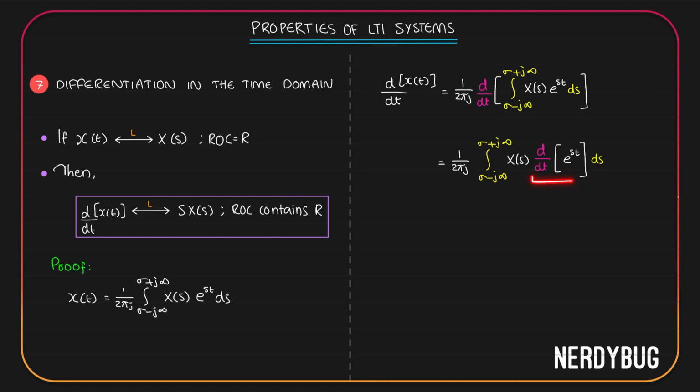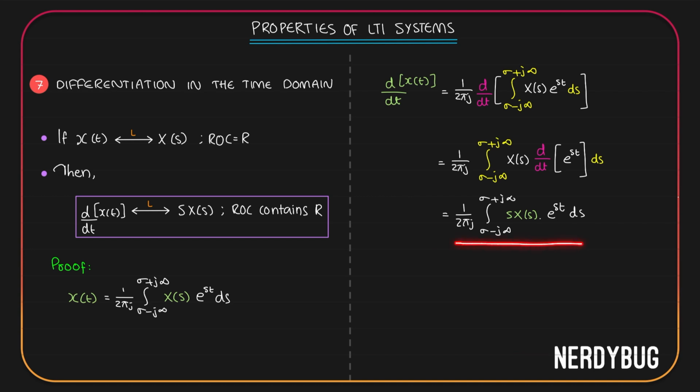Here we have d by dt of e raised to st, which is s e raised to st. So we get 1 by 2 pi j integral from sigma minus j infinity to sigma plus j infinity x of s multiplied by derivative of e raised to st, which is s e raised to st ds. We have x of s into s, we can write it as sx of s.